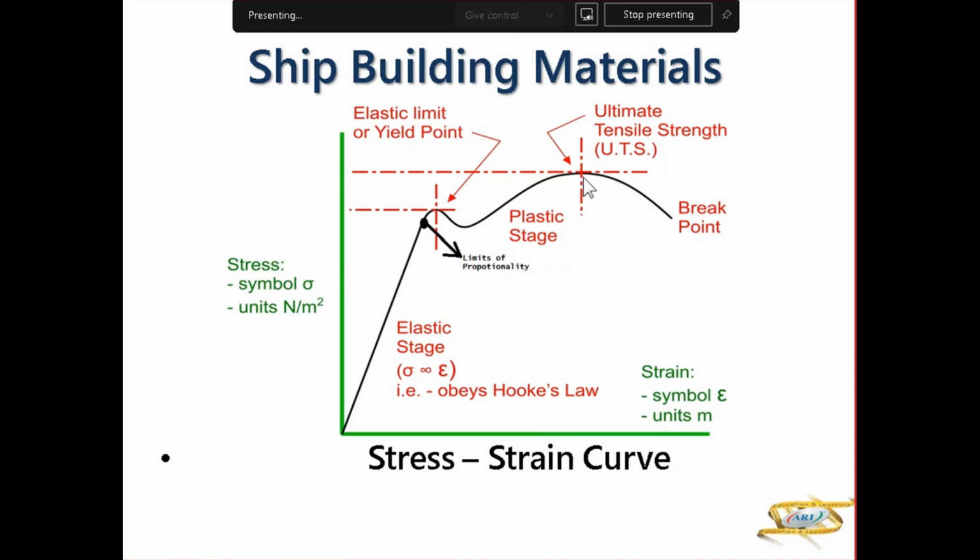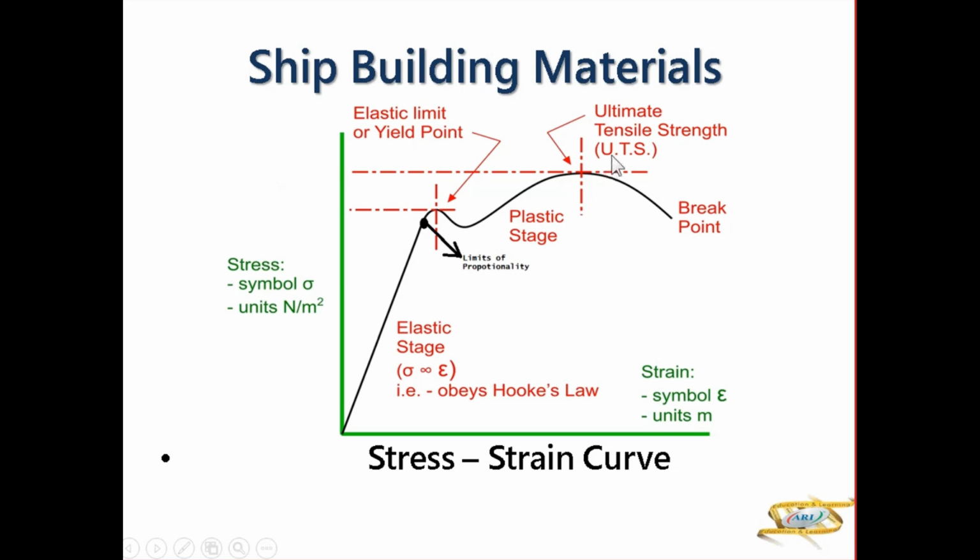The maximum tensile strength that you reach is known as UTS. After that, when you reduce your stress, the material is still straining till a point where it breaks on its own or fractures. So that is the break point.